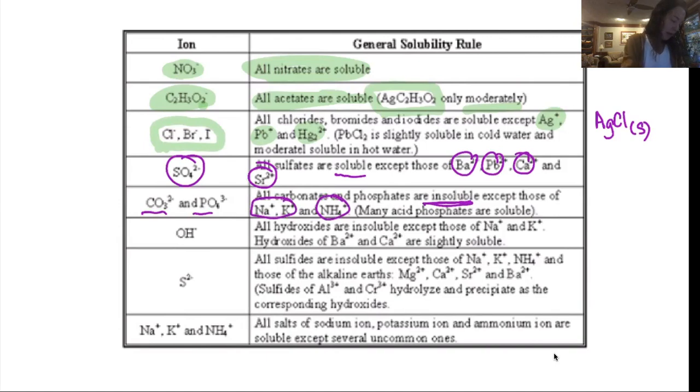Something I've noticed, no one's pointed it out to me, but it makes sense: think about lattice structure and the steps to forming a solution. You've got to overcome the solute attractions. Notice that when the charge starts increasing on the anion, we see substances being insoluble.